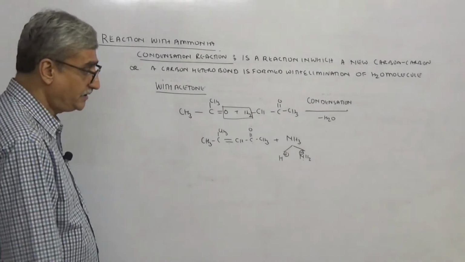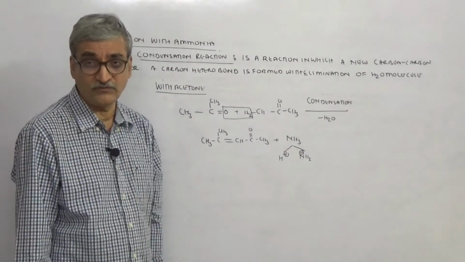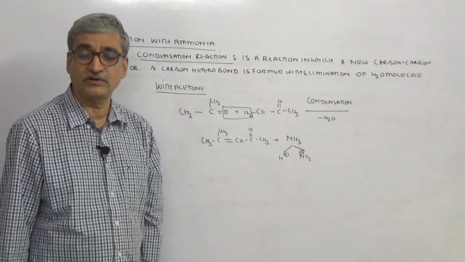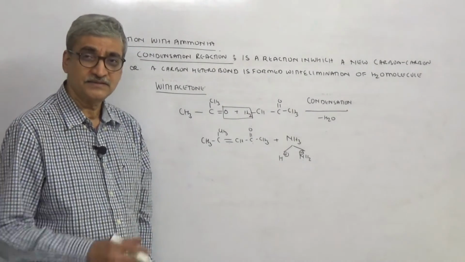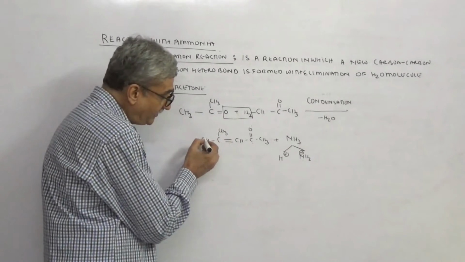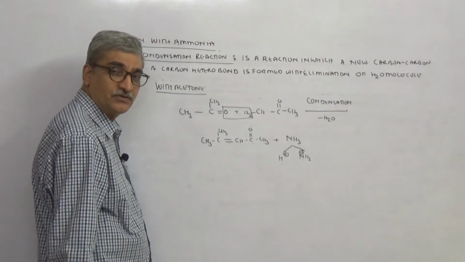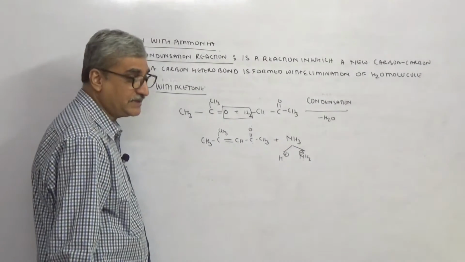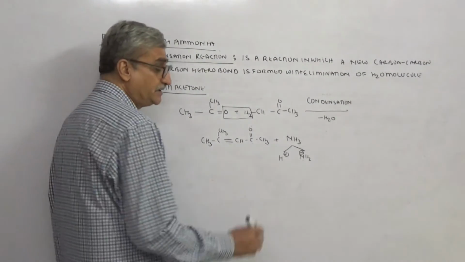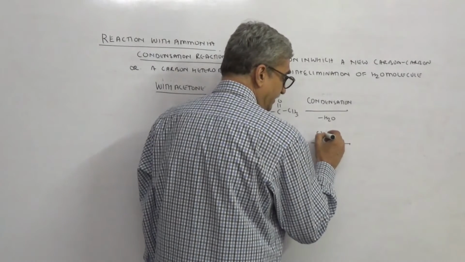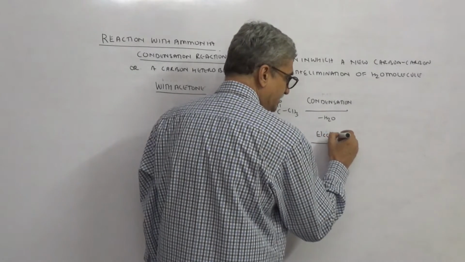So when both are possible, electrophilic addition is preferred. Why? Because these are alpha CH bonds. It undergoes hyperconjugation. So we get hyperconjugative structures. So that increases the stability. So this will be condensation followed by electrophilic addition.